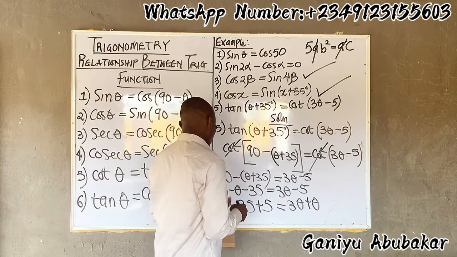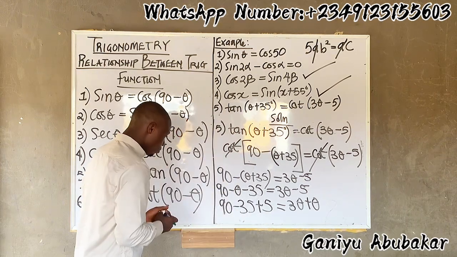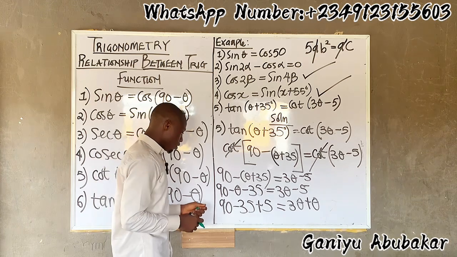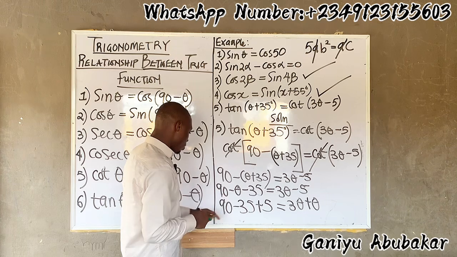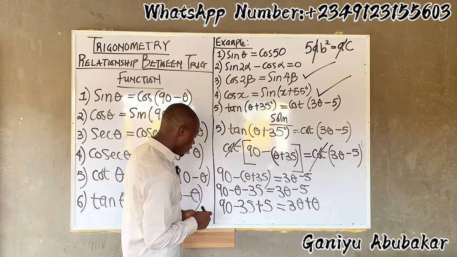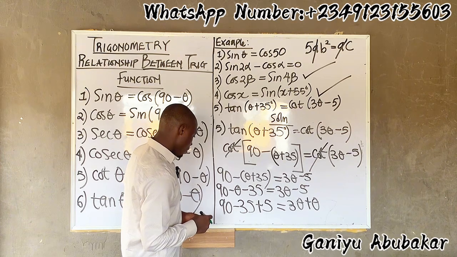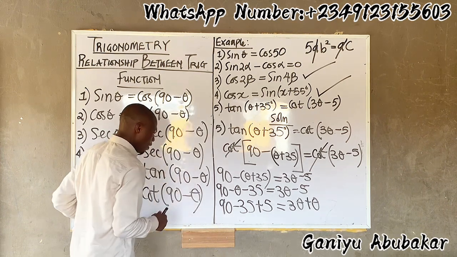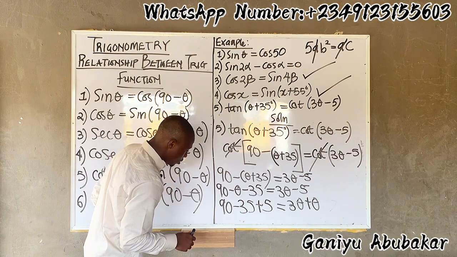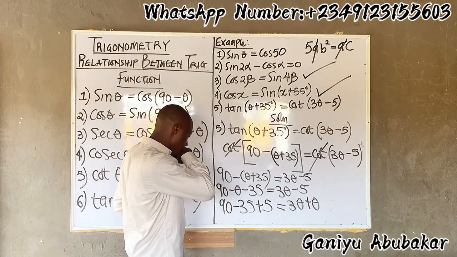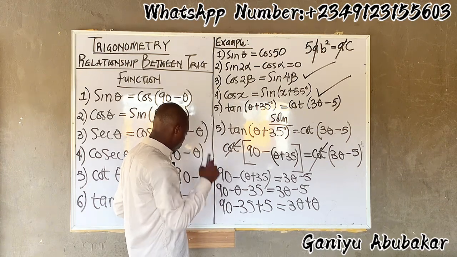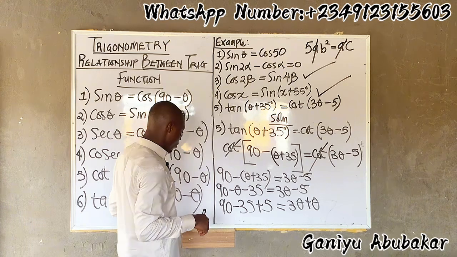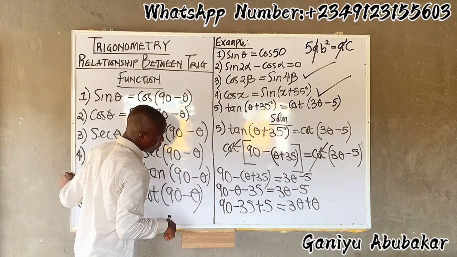So alright, from here now, if I solve this, 90 minus 35 should give 55.